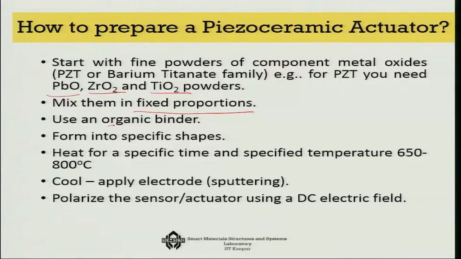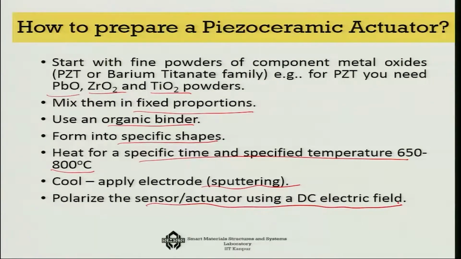Use an organic binder, otherwise they will get lost. Form into a specific shape, we call it the green shape, and then heat for a specific time and temperature, about 650 to 800 degrees centigrade. Cool it, apply electrode layers using sputtering, polarize the sensor actuator using a DC electric field. Your piezoceramic actuator is ready for use.